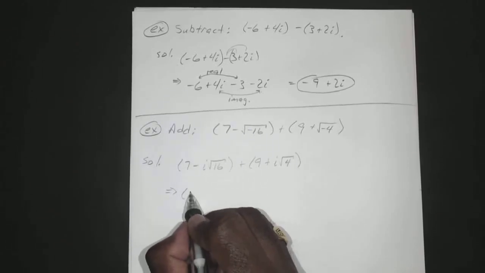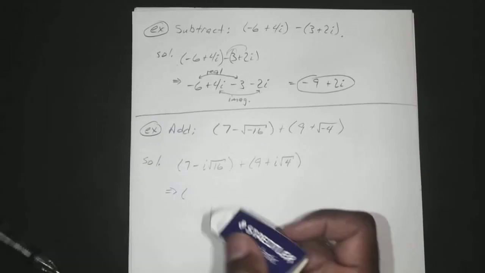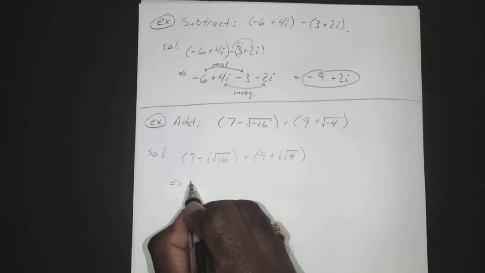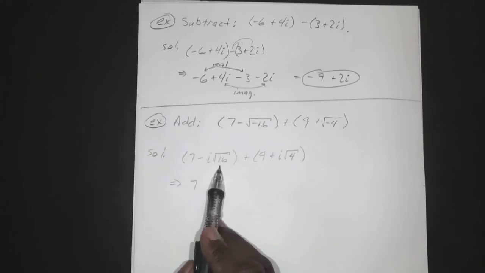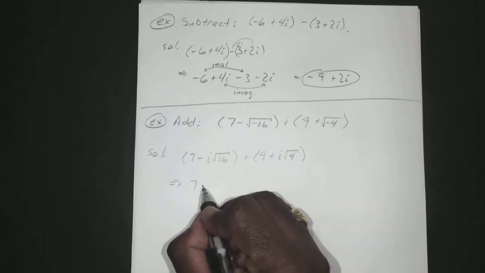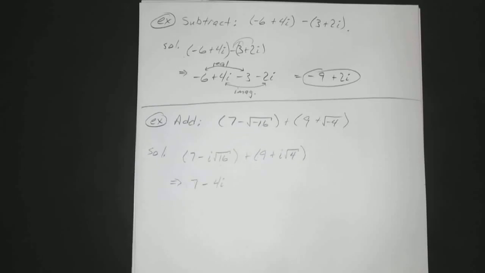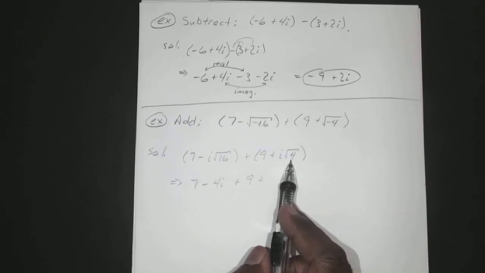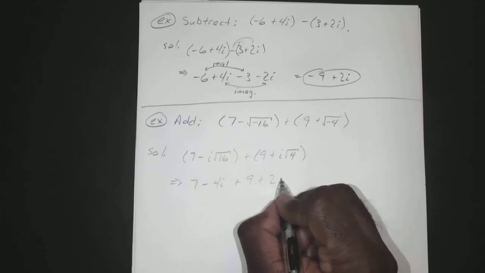But this becomes, oh, don't really need the parentheses since we're adding, so we can drop those. You have 7. Square root of 16 is 4, so 7 minus 4i plus 9 plus square root of 4 is 2, so that becomes 2i.